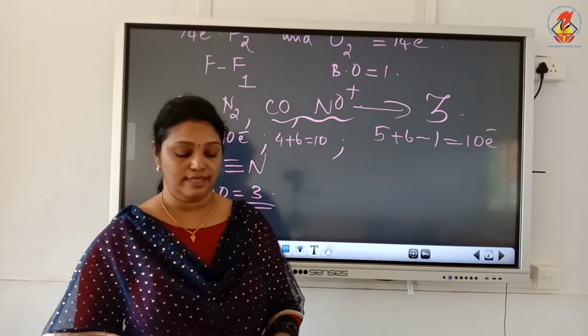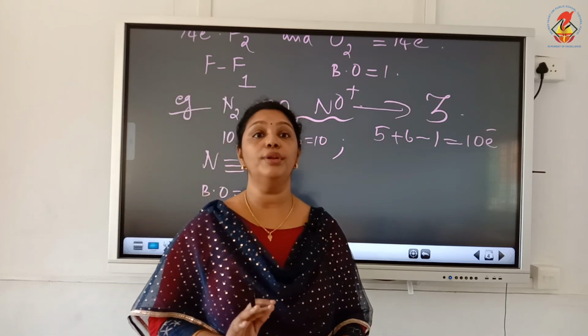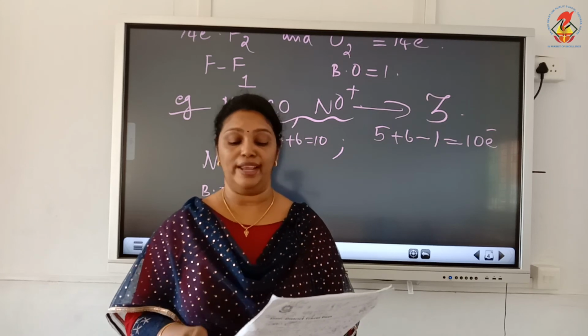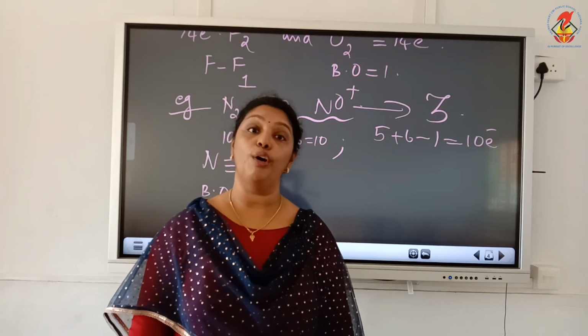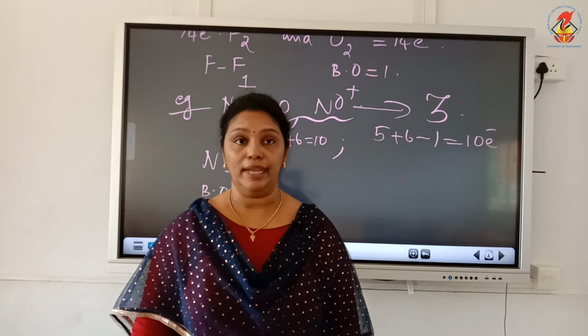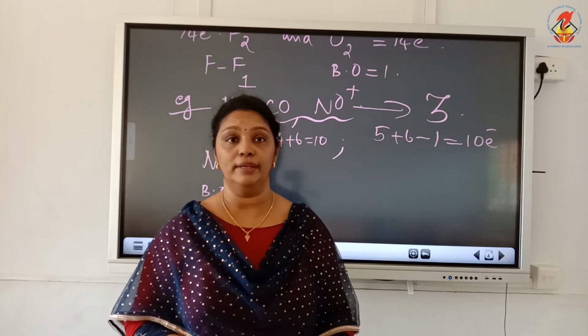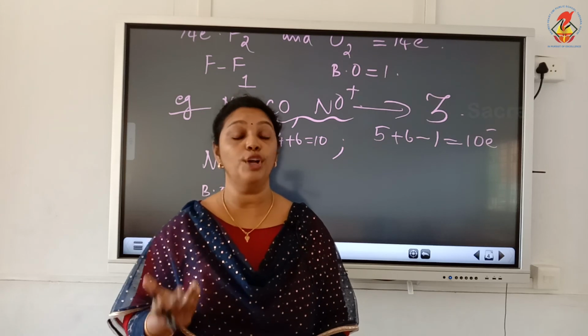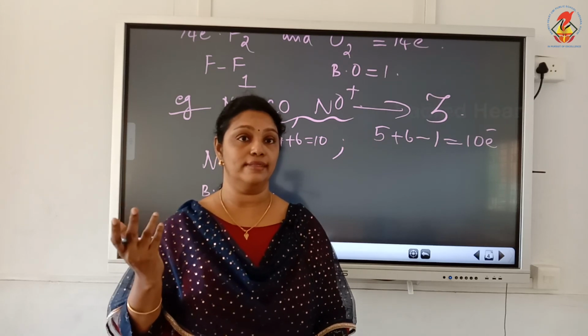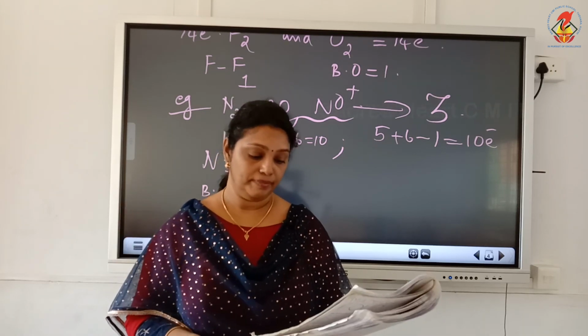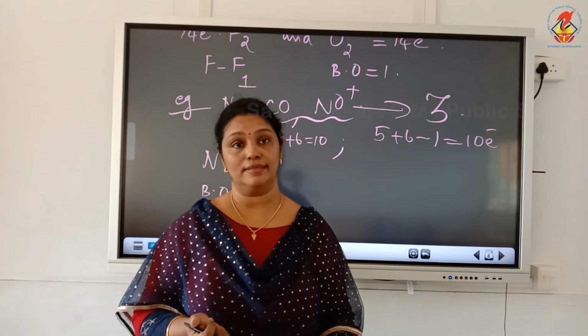Now we have a question. How do you express bond strength in terms of bond order? How can you relate bond strength and bond order? We can say that as bond order increases, bond strength increases.